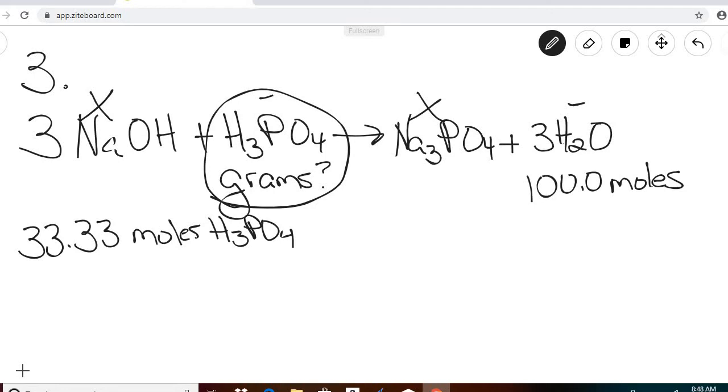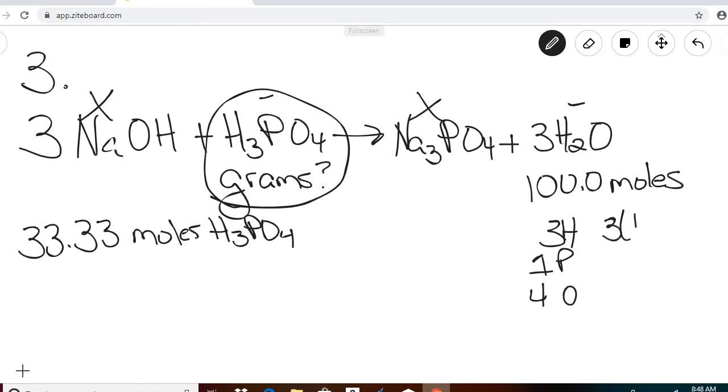Okay, we want to convert that to grams, so we need to know how many grams is in a mole of H3PO4. So it's going to be 3 hydrogens, 1 phosphorus, and 4 oxygens. Make sure that people don't think that is so it's 4 oxygens, not the number 40. So each hydrogen is 1.01.